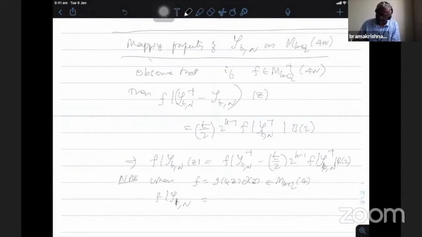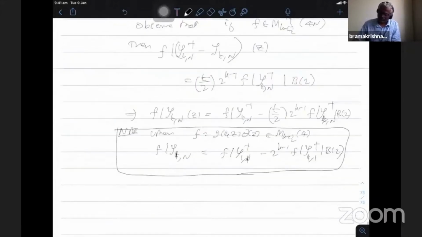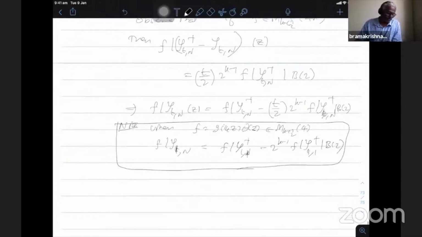So that is exactly S_{1,1}, with t equal to 1, minus 2^{k-1} S_{1,1}^+ composed with B(2). So it is exactly following that. So this is another proof: one can prove it directly using this identity for the cusp forms.